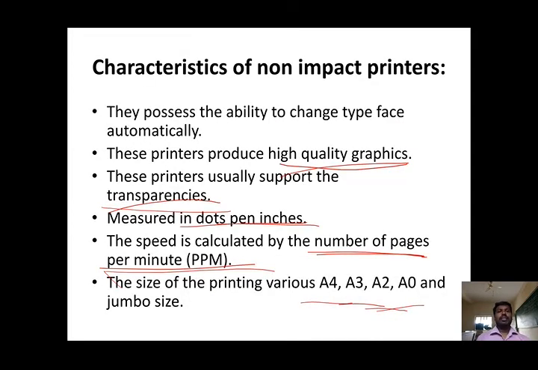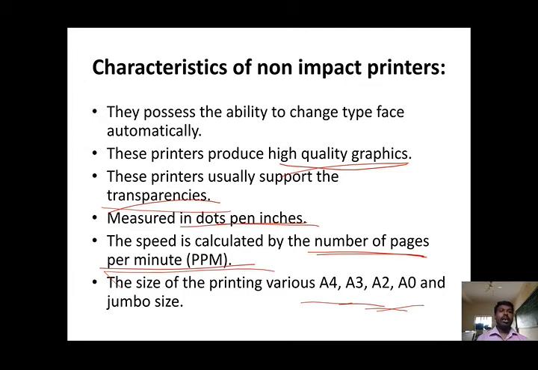Next, characteristics. Dear students, they possess the ability to change typeface automatically, which means during the printing time we can print different types of font style. These printers produce high quality graphics.